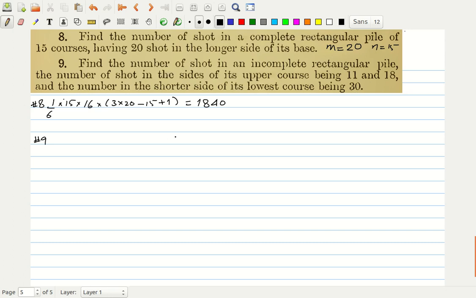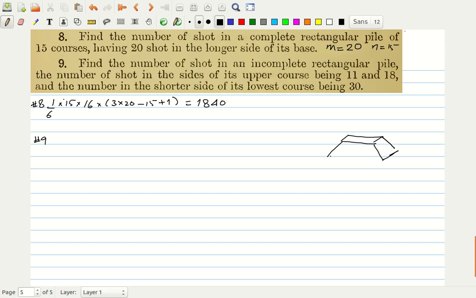So now we have been given that it's an incomplete rectangular pile. Okay, so on the top layer you have 11 and 18, and on the bottom this side now is 30.